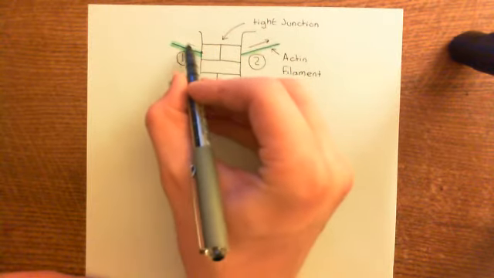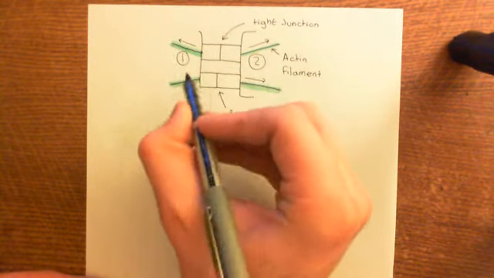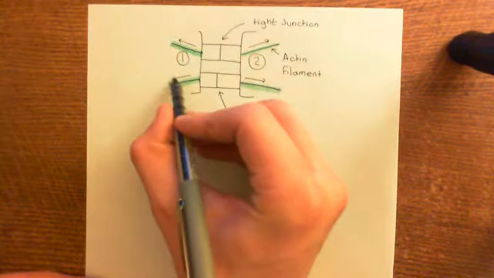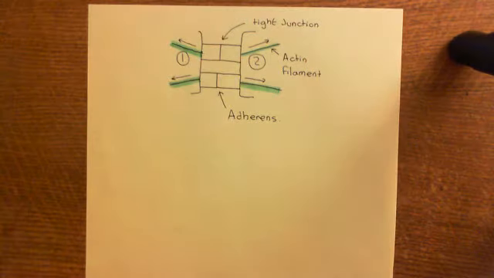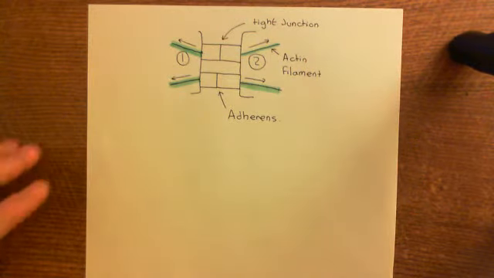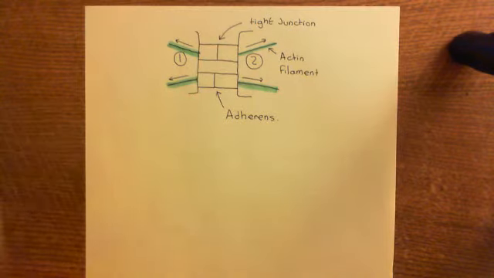This actin filament's going to pull these proteins in this way, and this actin filament here is going to pull these proteins in that way. And you can see that this is going to pull the tight junctions and the adherens junctions apart. And that's going to open up a gap in between the two endothelial cells. Yes, it's a reasonably feeble gap, but you have got a gap nonetheless between the two endothelial cells.